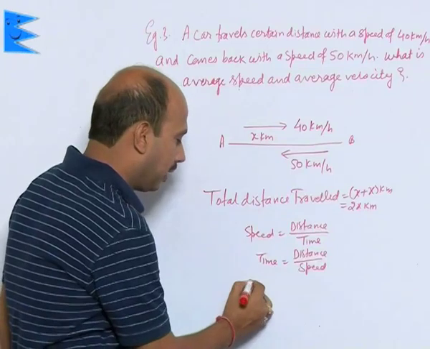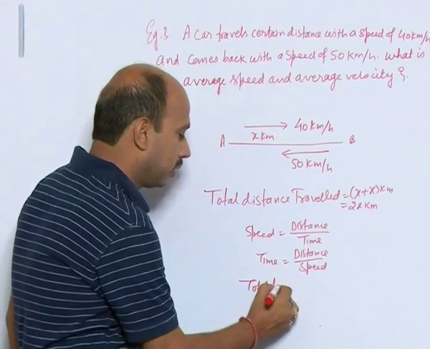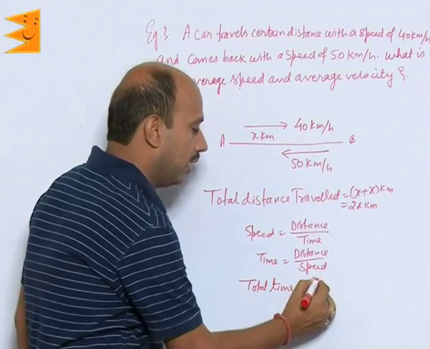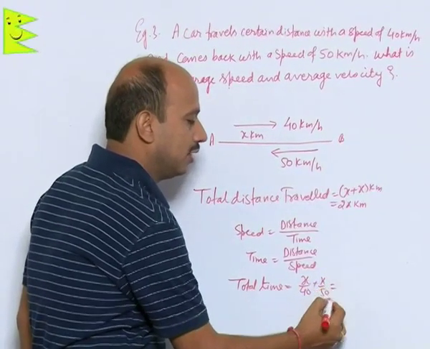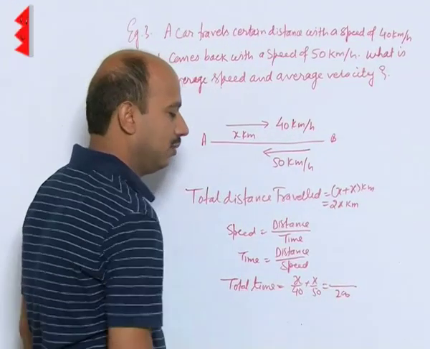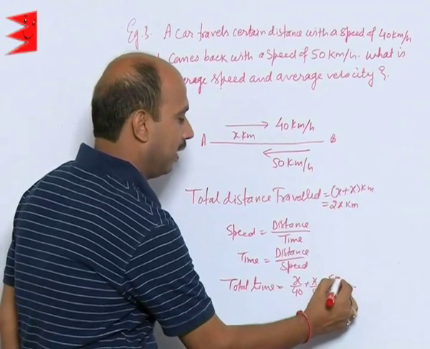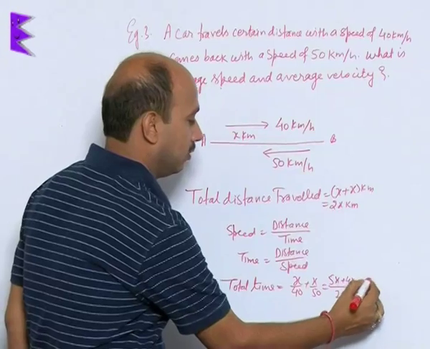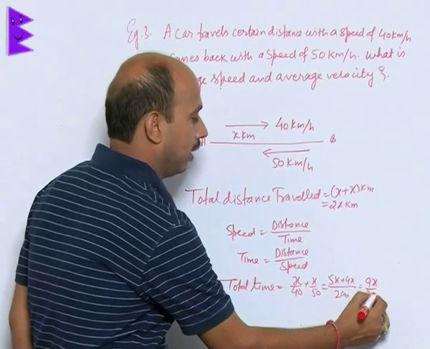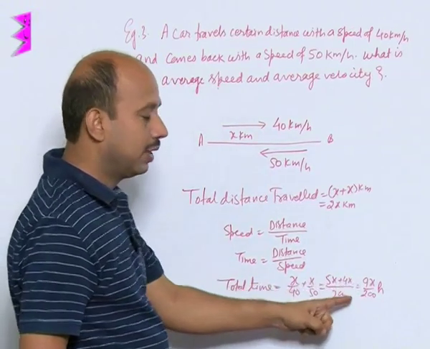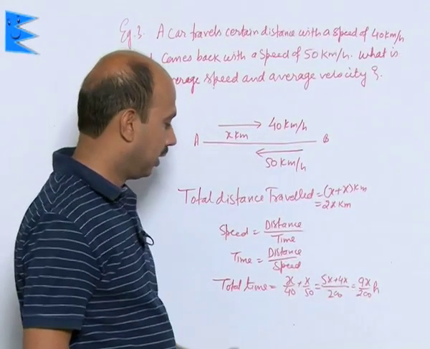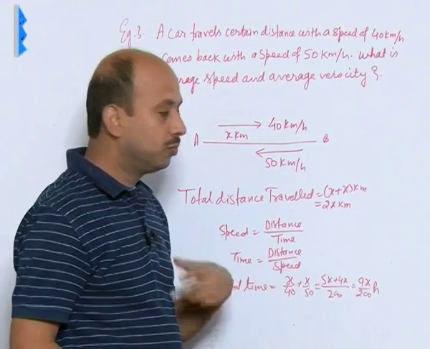So, total time is equal to x upon 40 plus x upon 50, here the LCM is 200. So, we can write 5x plus 4x, that is 9x by 200 hour. So, this is total time taken here, 9x by 200 hour. So, we can calculate average speed.